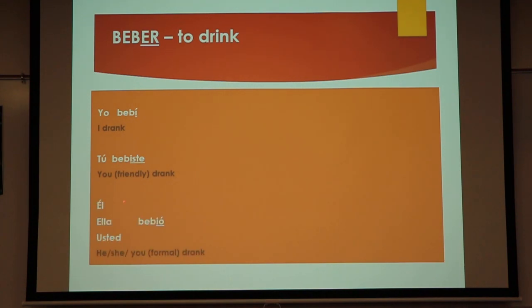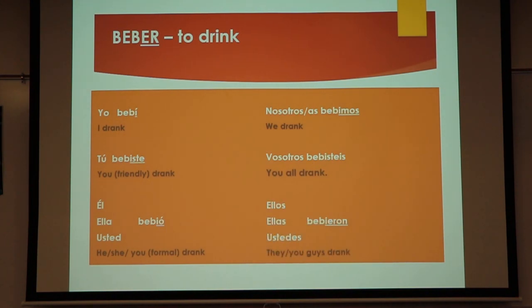Third person singular, él, ella, usted bebió. He or she or you formal drank. Nosotros, nosotras bebimos, we drank. Vosotros bebisteis, you all drank. And the last one, third person plural, ellos, ellas, ustedes bebieron. They or you guys drank.